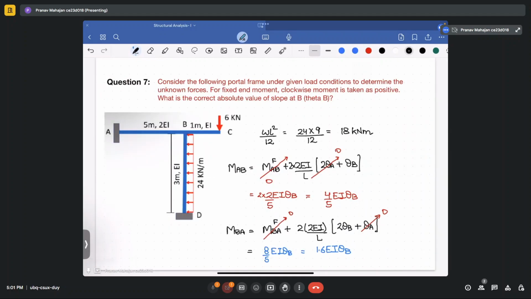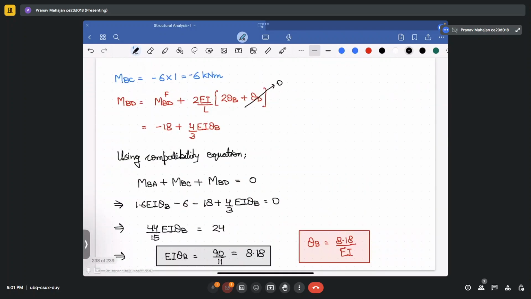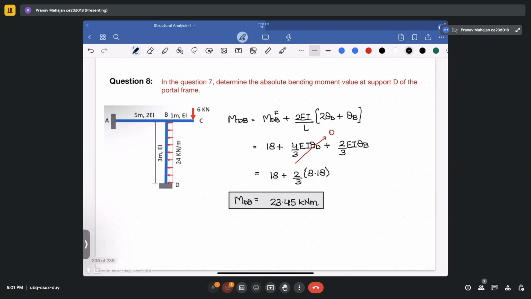Then we determined for the portal frame. So you have loading on a portal frame, and we saw how you determine the moments as well as the slopes at different points. So in this week we have covered problems related to the slope deflection method.